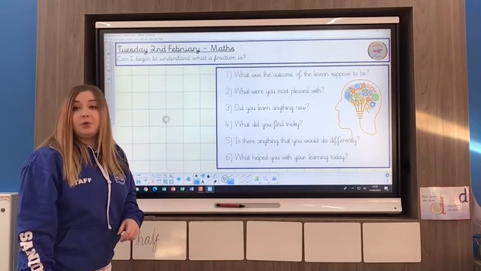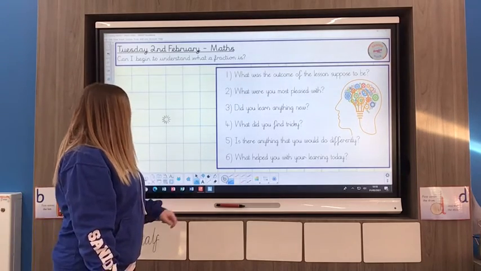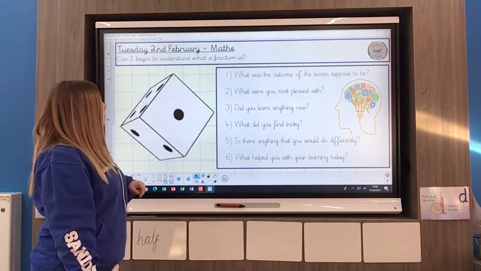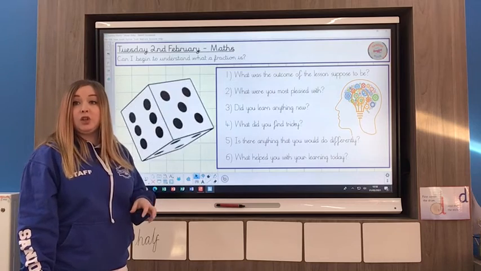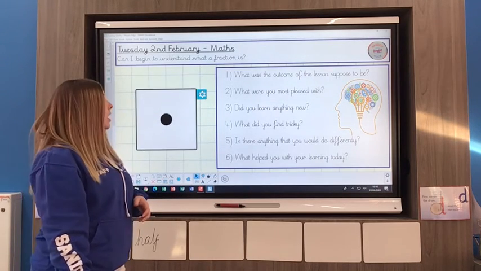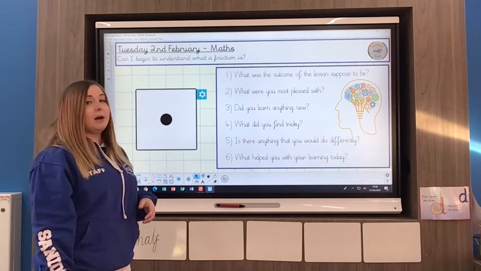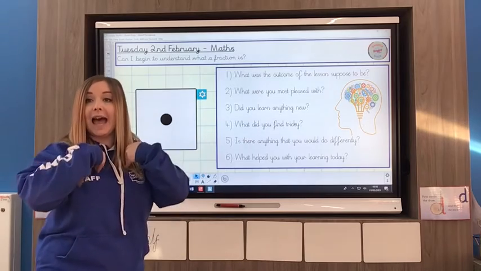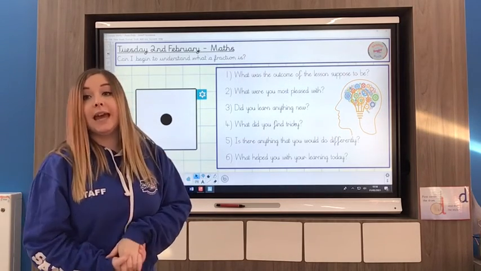And just to finish with then, year 4, so we'll roll our dice and let's have a little think about today's learning, today's brand new learning. We've landed on a number 1. What was the outcome of the lesson supposed to be? So what did I want you to learn today?